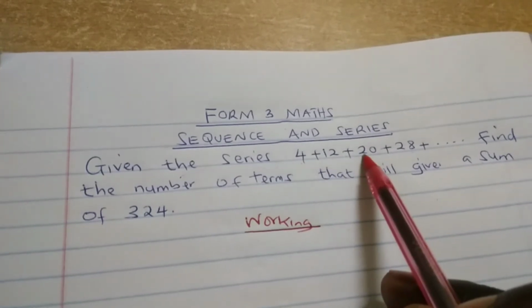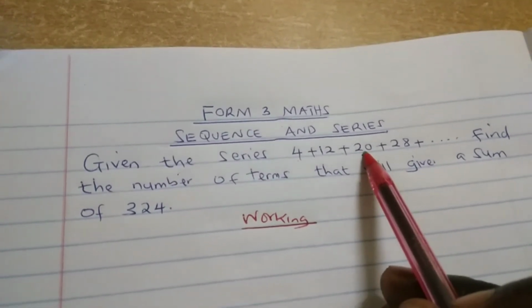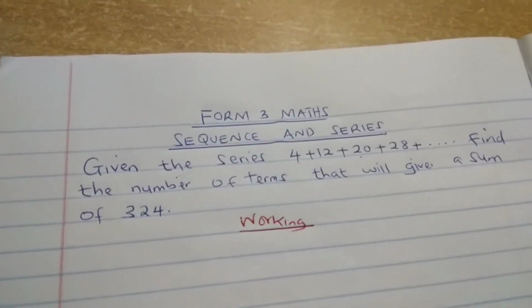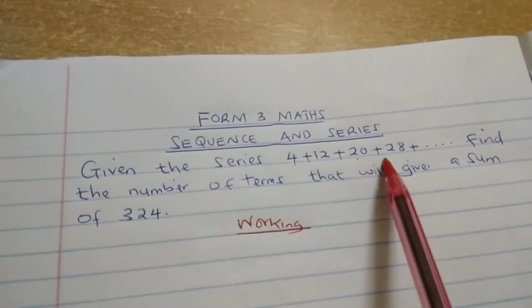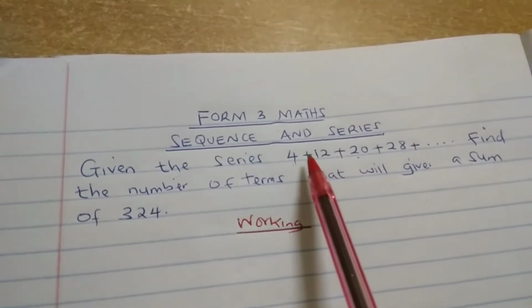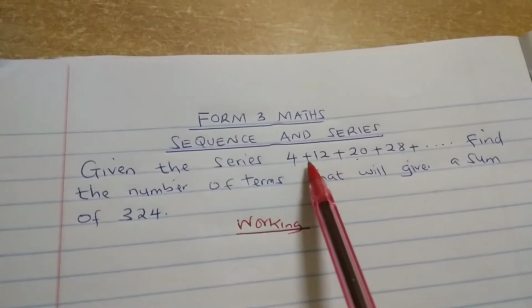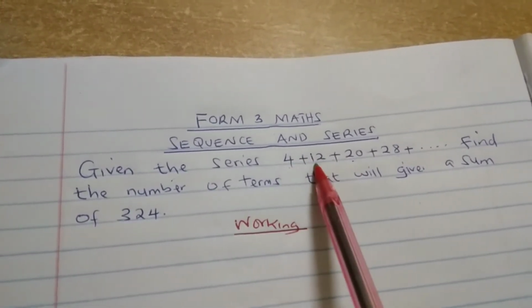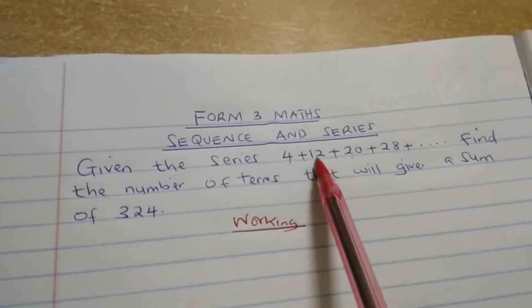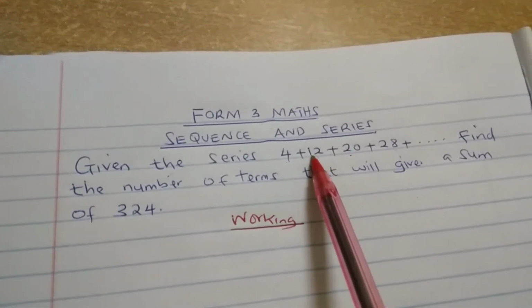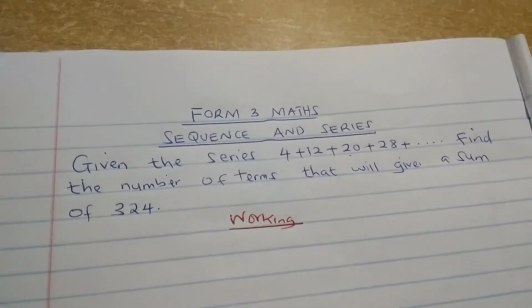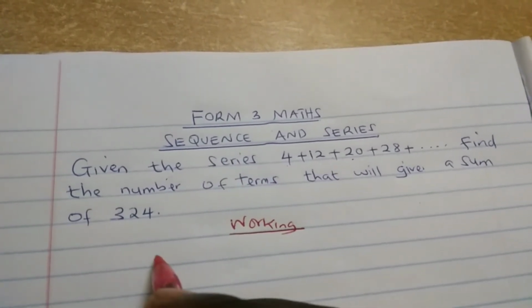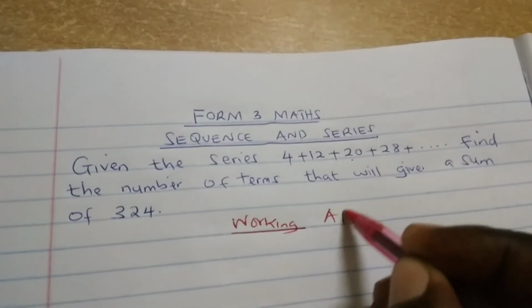The second and the third also differ by 8. The third and the fourth also differ by 8, meaning this is an AP, because to get the next term in an AP, there is a common difference that we always add to the first one to get the second. Then we take that same difference and add it to the second to get the third. In this case, we are talking about an AP here.